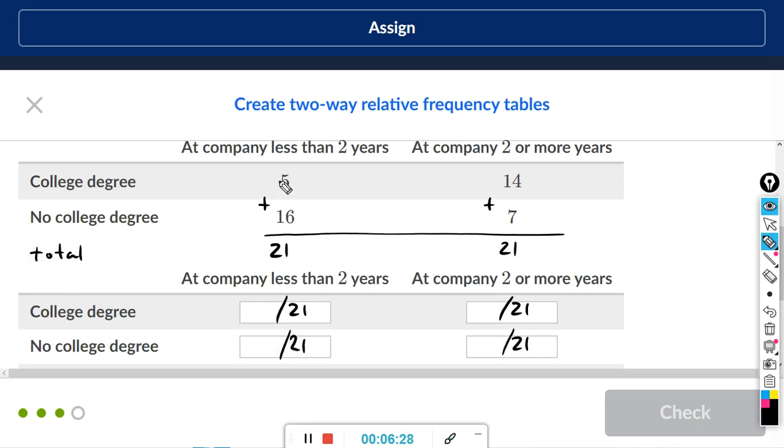Okay, this numerator here is 5. This numerator here is 16. This one here is 14. And this one here is 7. Okay? Make sure when you add the columns now, it totals 1. So 5 over 21 plus 16 over 21 is going to be 21 over 21, which is 1. Same thing over here. 14 plus 7 is 21. Divided by 21, that's just 1.